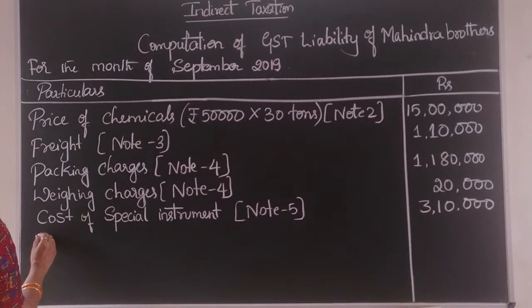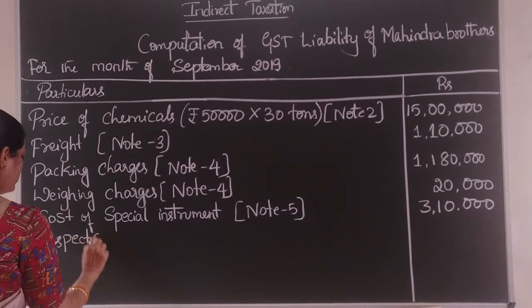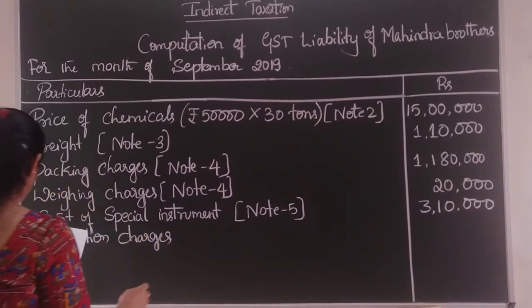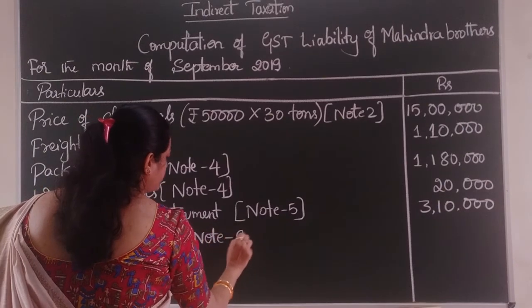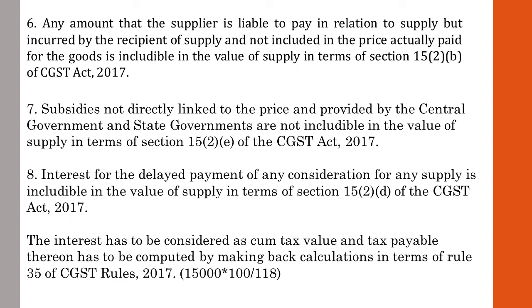And inspection charges, you can refer to note 6. Note 6 says that any amount that the supplier is liable to pay in relation to supply but incurred by the recipient of supply and not included in the price actually paid for the goods is includable in the value of supply.